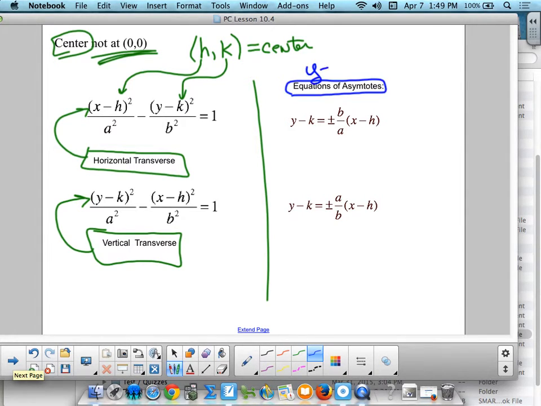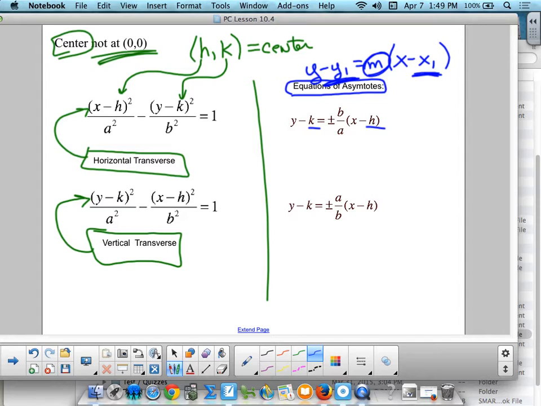They came from point-slope form. 9th grade algebra. This right there, the slope, is really just B over A or A over B. It depends on which way the transverse goes. This number, x1, y1, that's now hk. What's hk? HK is what? The center.